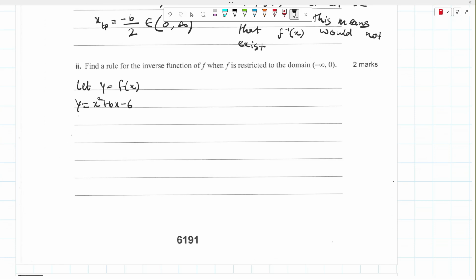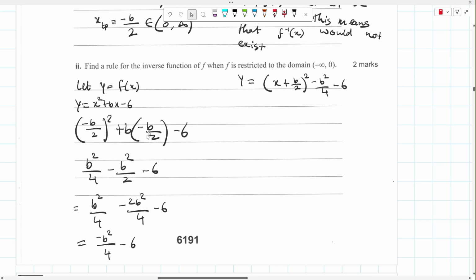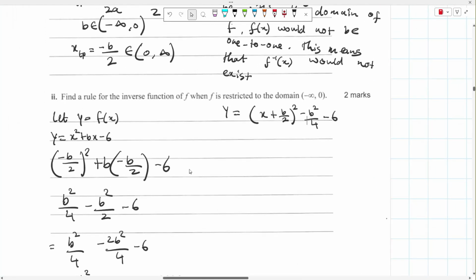So first we're going to complete the square on this. Okay, so I've completed the square.